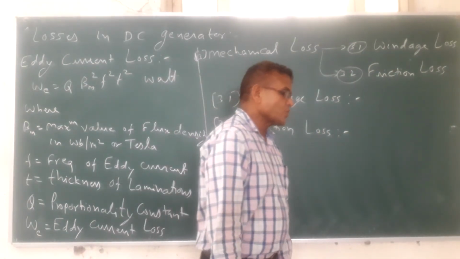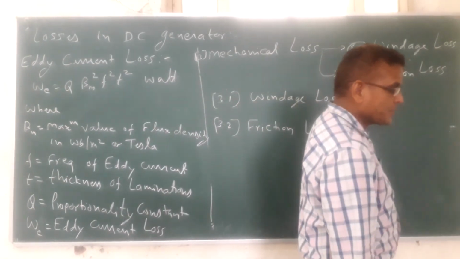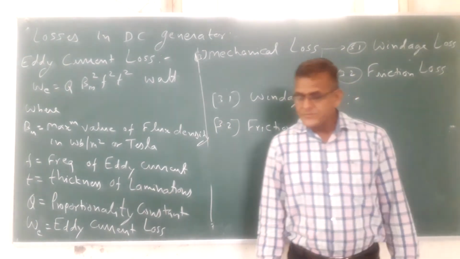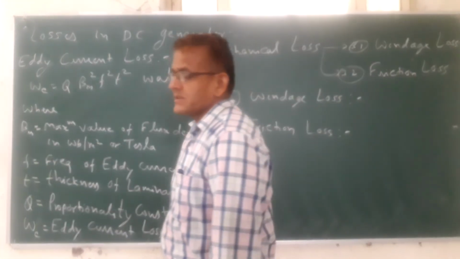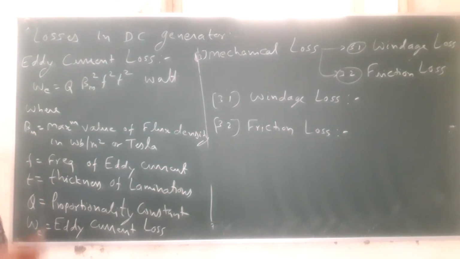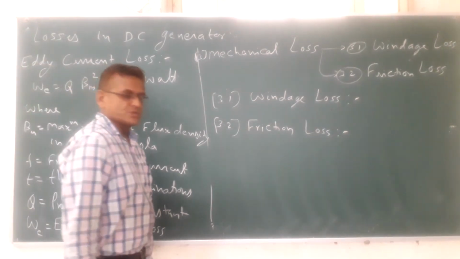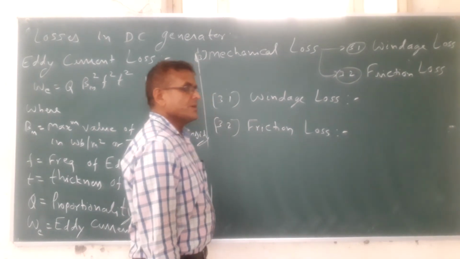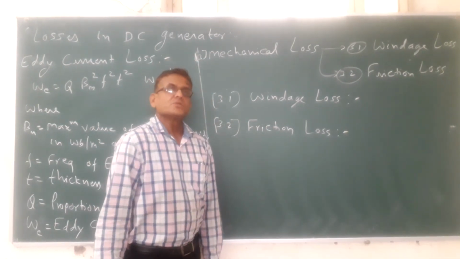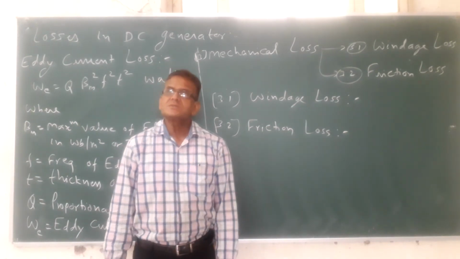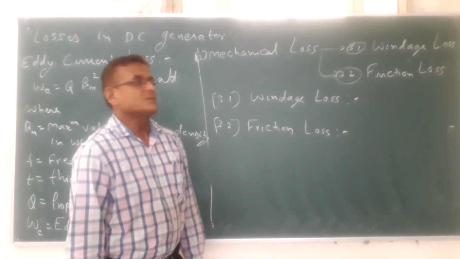When the armature core rotates in the magnetic field produced by the field winding, then its magnetization changes, and because of that there is some loss, that is called hysteresis loss. Third part of losses is mechanical loss, and the total mechanical loss in DC generator consists of windage loss and friction loss.